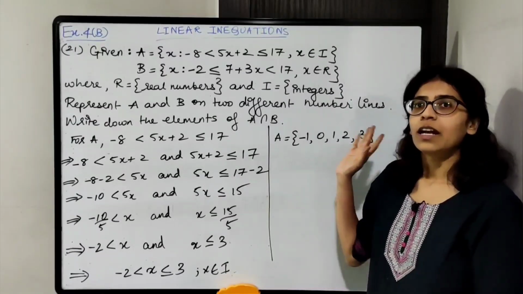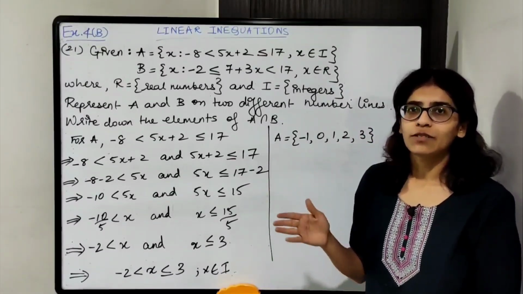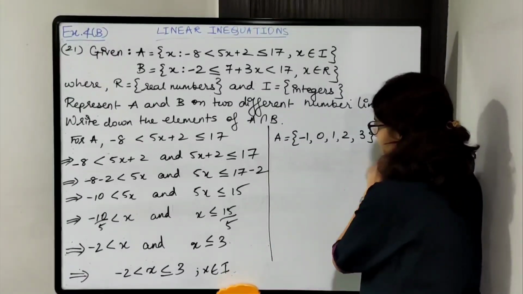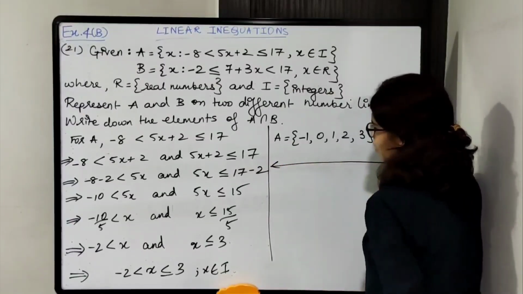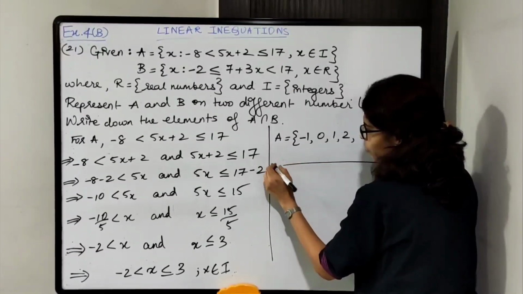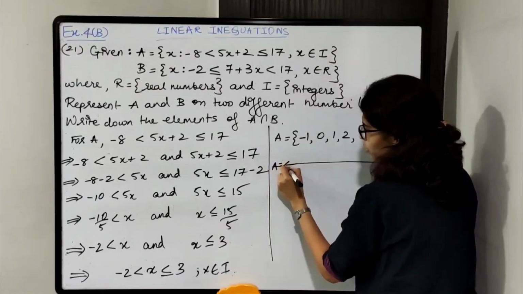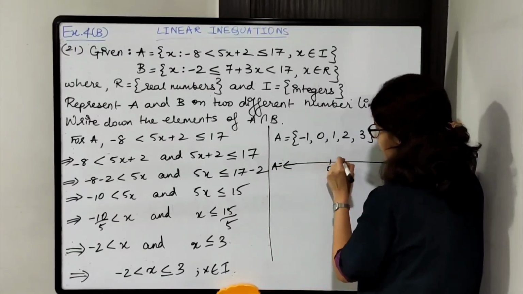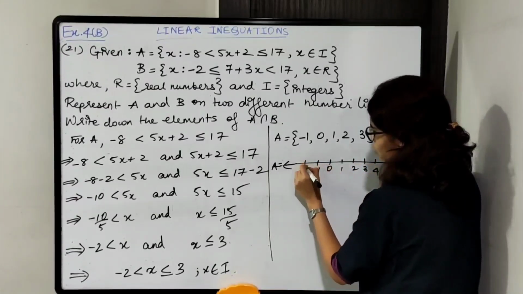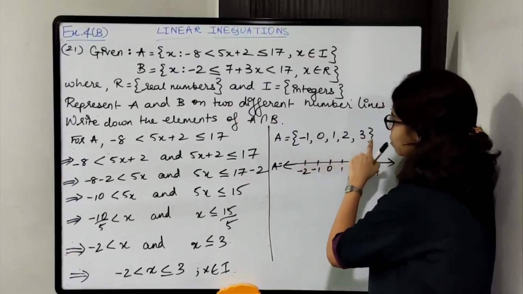Okay, so these are the possible values of A. Now we'll find out the solution set for B. But before that, let us draw the number line. A on the number line: write down A = {-1, 0, 1, 2, 3}. So these are the possible values.